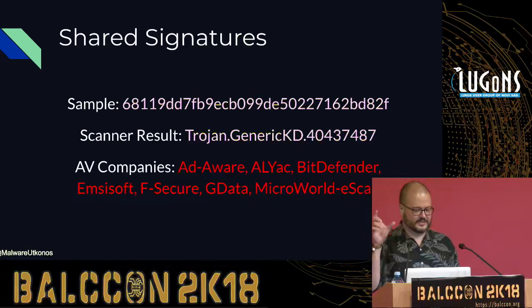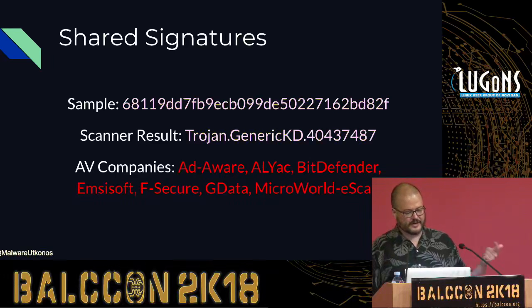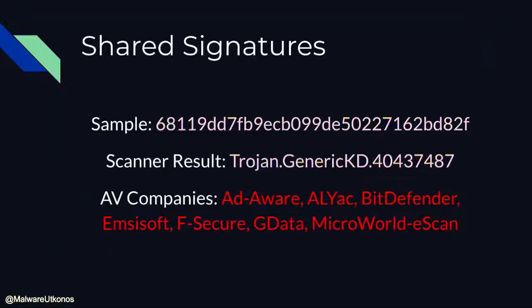And exactly the same scanner result is on AdAware, ALYac, Bitdefender, Emsisoft, F-Secure, GData, and MicroWorld eScan. And if you look through AV scanner results a lot, I know that sounds boring, but I do that a lot, you'll see these patterns emerge across the companies, and you figure out who's sharing samples and who's sharing signatures with each other.